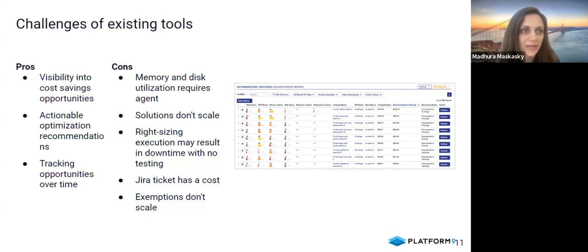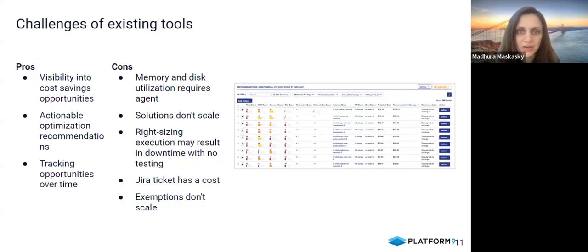However, there's also the other side: downtime or not, engineers may not be willing to accept a right sizing recommendation, because they have spent a significant amount of time configuring the request and limit values for their containers, for both CPU and memory, after a level of experimentation, accounting for what it would take to not have the application terminated because it ran out of memory or get CPU throttled, right?